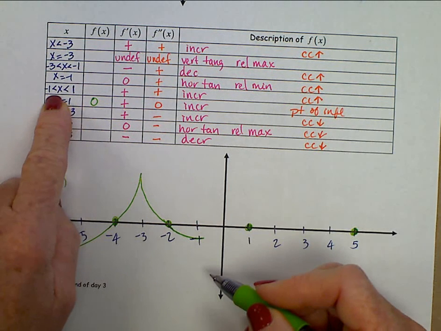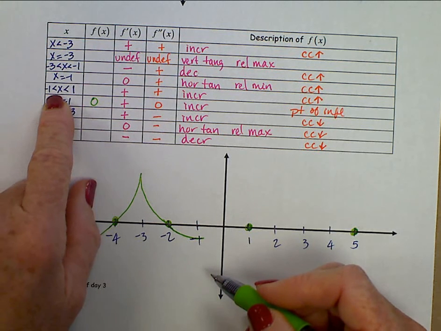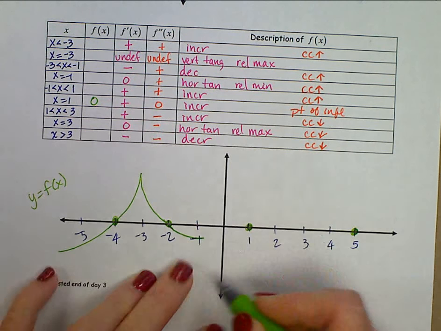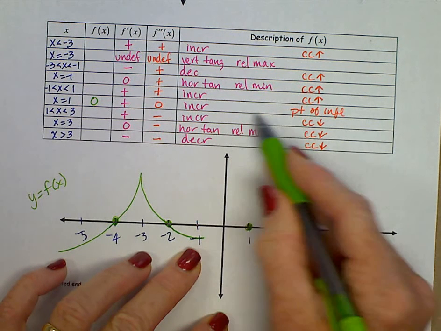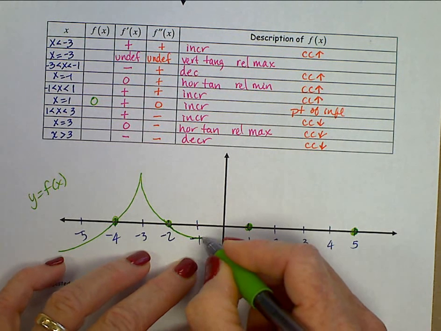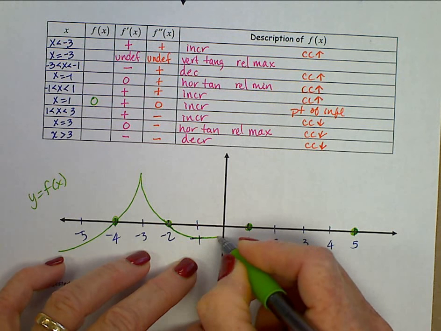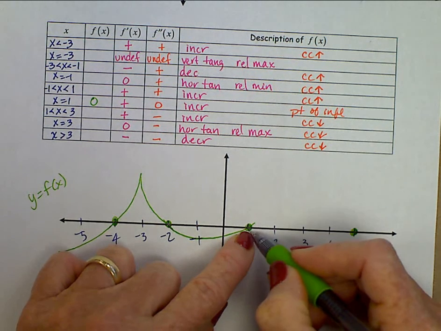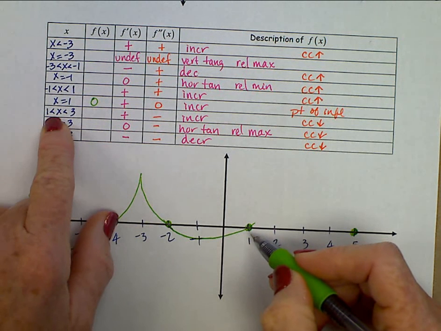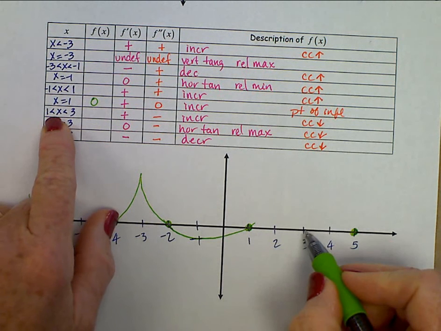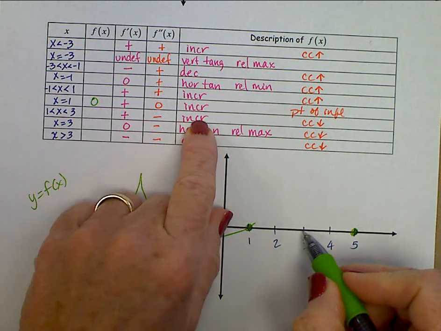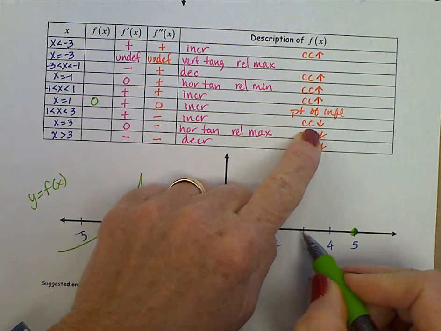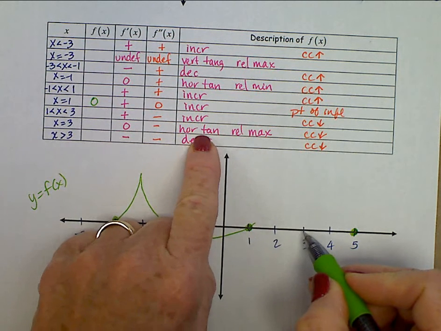Then for x between negative 1 and 1, increasing concave up, going to a point of inflection at x is 1. Then from 1 to 3, the graph is increasing concave down, and there is a horizontal tangent and maximum at 3.